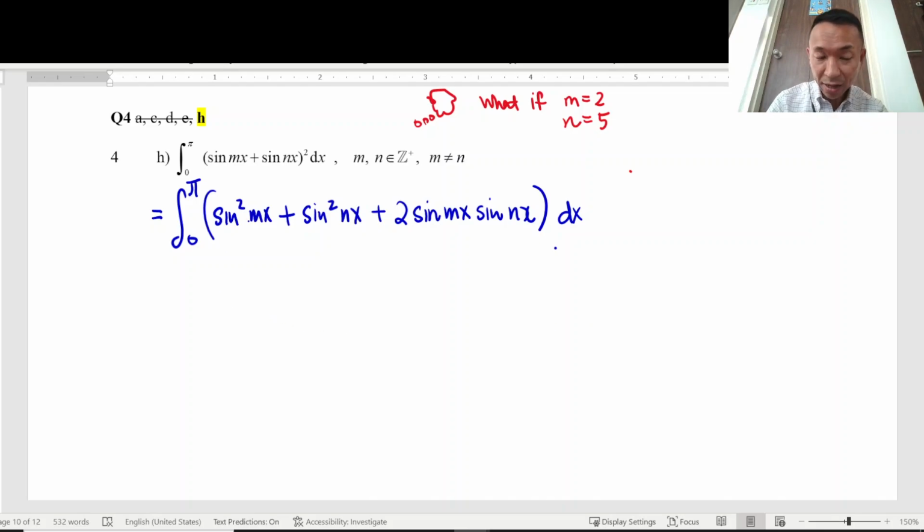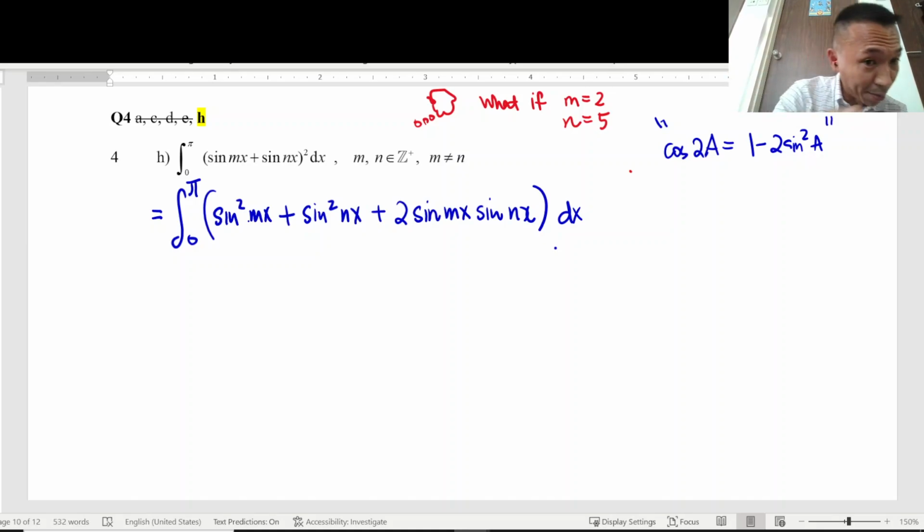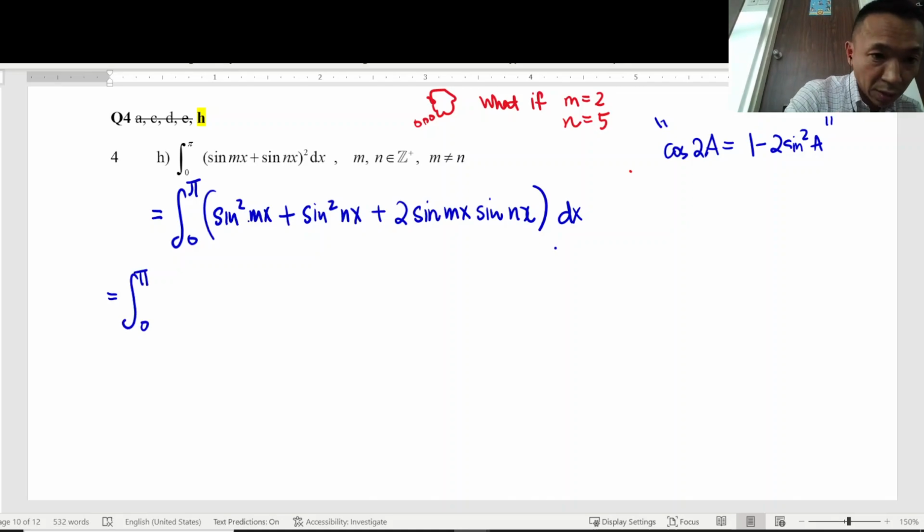Is it that bad? If you see a sine square, you have to recall cosine 2a is 1 minus 2 sine square a. Correct? Which means you will use double angle formula to get this. Half 1 minus cosine 2mx.